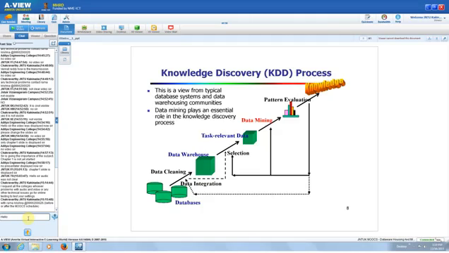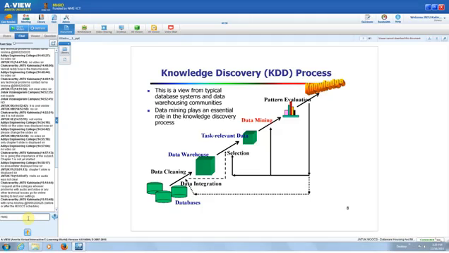If you look at this diagram, your database is the initial source, and you are applying a data cleaning process on this. Actually, if you look at the textbook diagram, it's not only databases, you will have certain flat files also as the input.